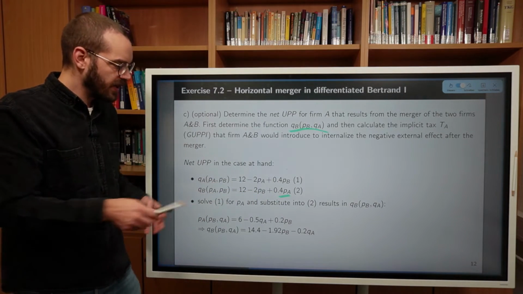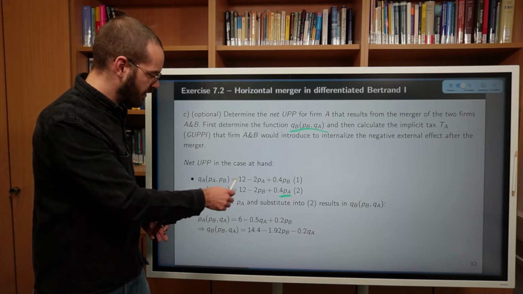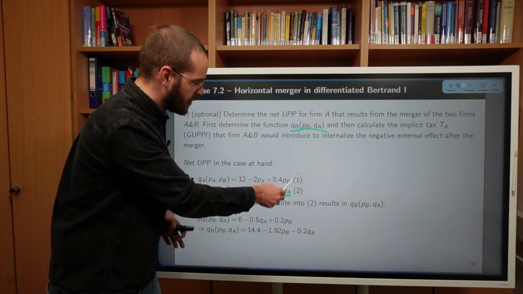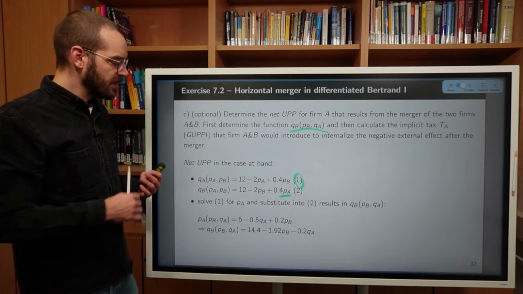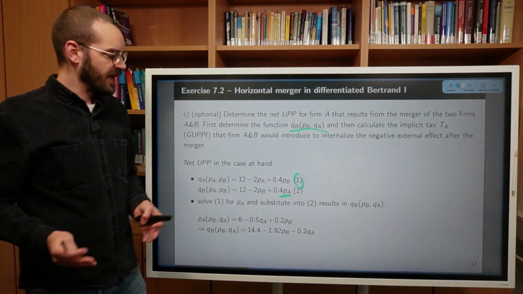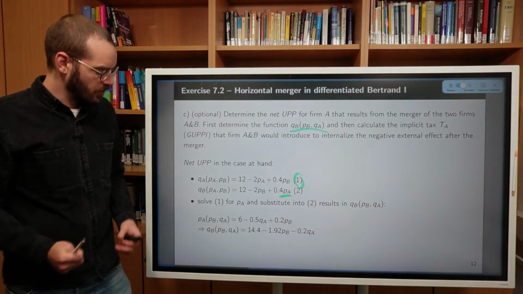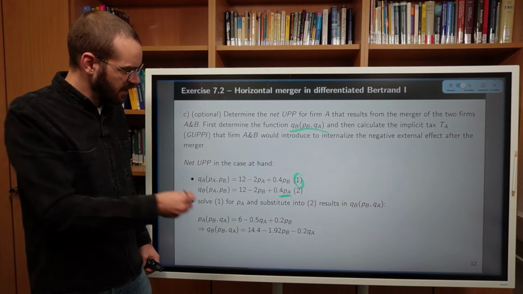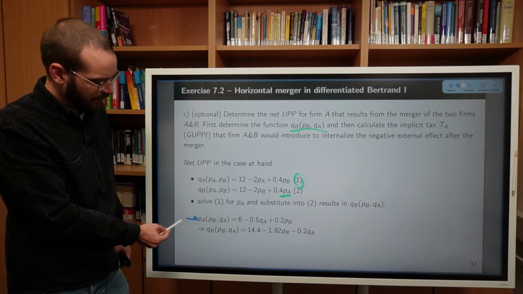One way is to substitute PA in this equation with the equation under 1. Of course, first solve for PA. So we solve equation 1 for PA and then plug PA into equation 2. And this will yield the equation that is written down on the slide right here.